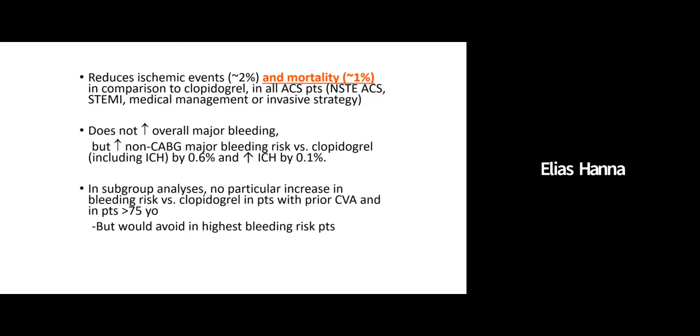Those did not seem to be excessively harmed by ticagrelor, and therefore, those are not contraindications to ticagrelor. So prior stroke is not a contraindication, although I will advise cautiousness here because I think it does increase bleeding risk as much as prasugrel, at least. But no specific contraindication as far as subgroups.